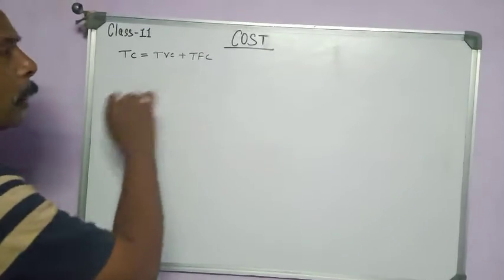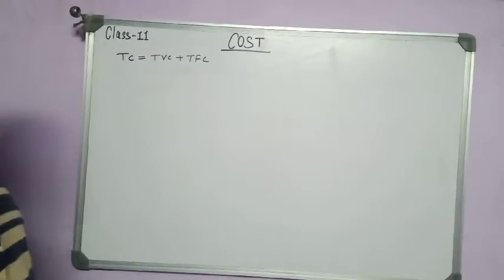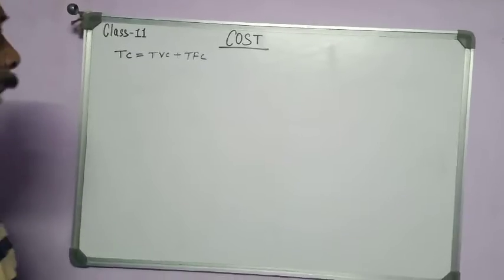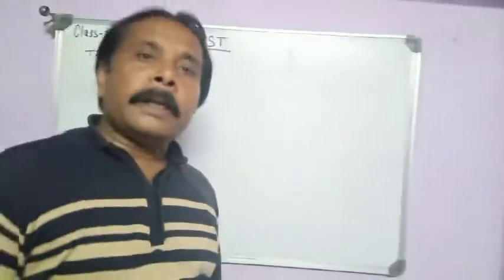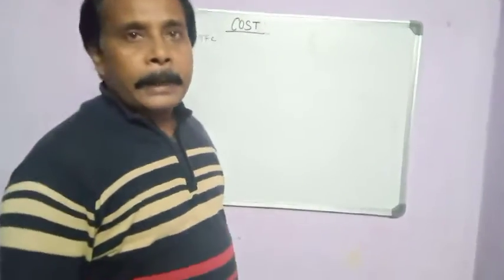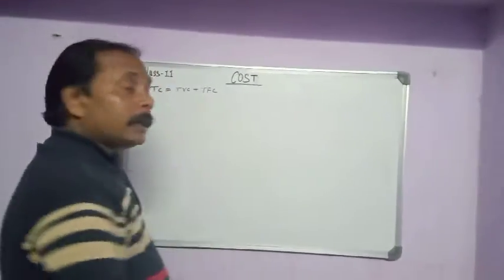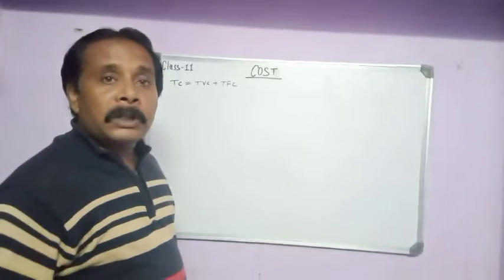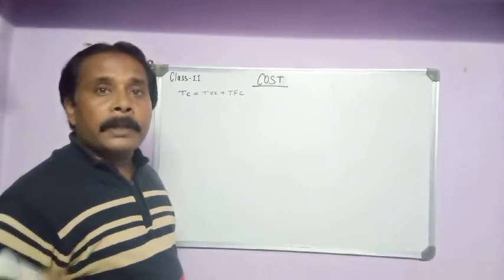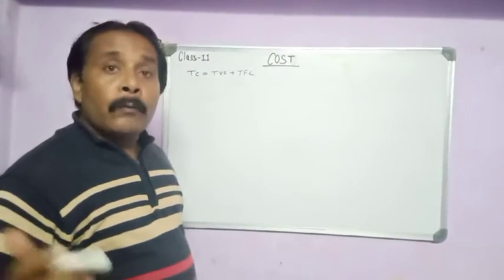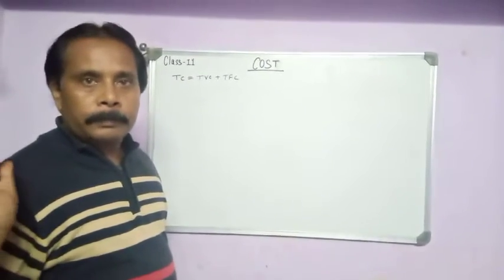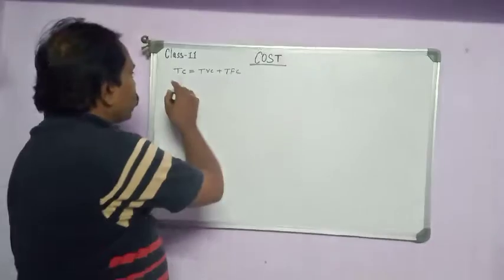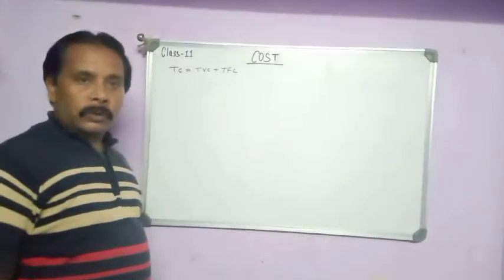It is the summation of both TVC and TFC. If you want to explain it in the form of a definition, you can say total cost is the total expenditure which is done by the producer for hiring the factors of production. Is it clear? So that is known as total cost.